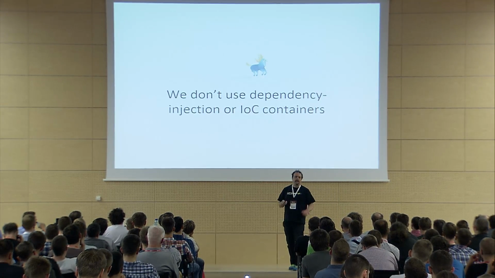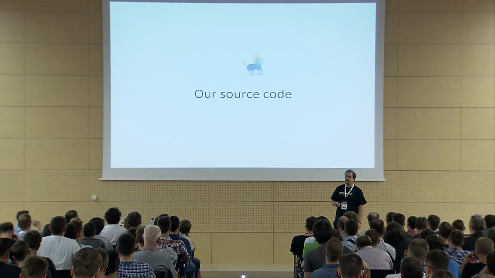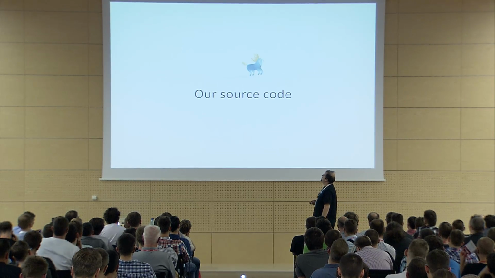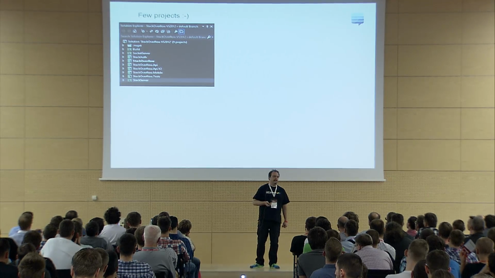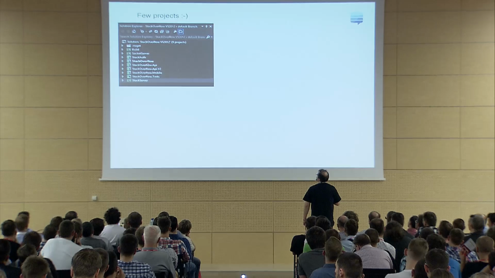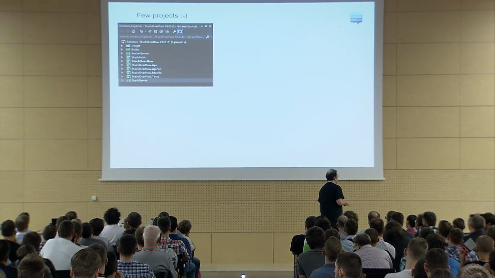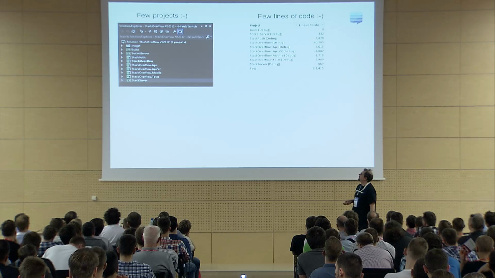So how do we do testing, right? How do we guarantee quality? It's a big issue for us. So our source code, we have very, very few projects. Actually, we have one less because we killed this API. And we have very, very few lines of code.